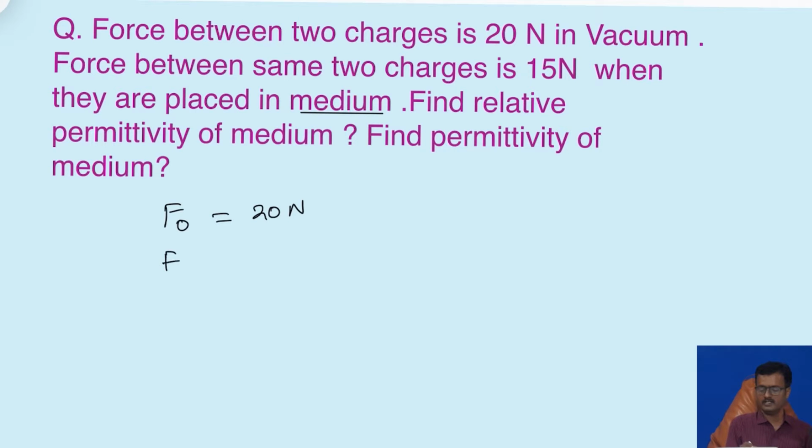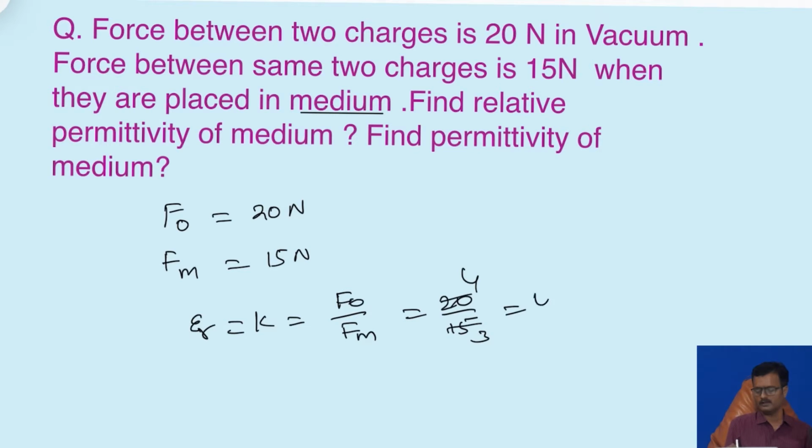The force in the dielectric medium is 15 newtons. Epsilon r, that is nothing but the dielectric constant K, is equal to F naught by Fm. So that is 20 by 15. 5 3s are 15, 5 4s are 20. So the answer is 4 by 3.